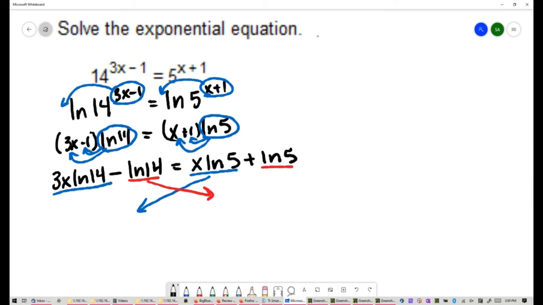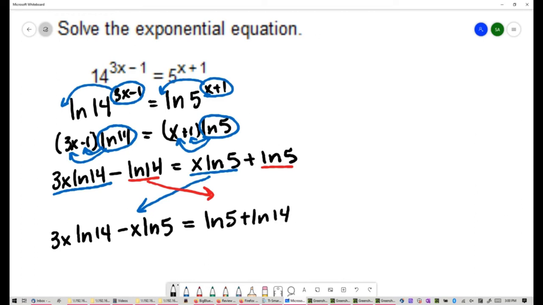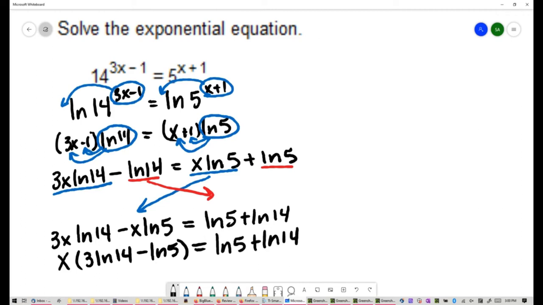So that's going to give 3x natural log of 14 minus x natural log of 5 equals natural log of 5 plus natural log of 14. Once you've got those x's grouped on one side, you can factor the common x out. That would give x times 3 natural log of 14 minus natural log of 5 equals natural log of 5 plus natural log of 14.